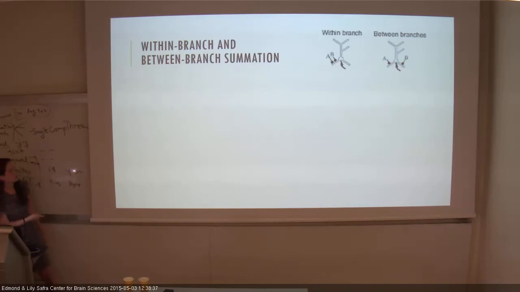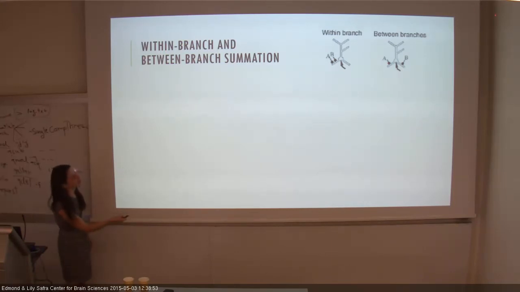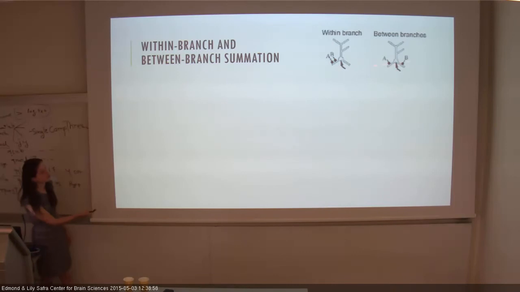What you can see here is the basic conditions they use. The within branch condition consists of two stimulating electrodes placed in close proximity on the same branch, as the name indicates, and the somatic voltage will be measured at the soma. And over here is the between branches condition, where, as you can see, the two stimulating electrodes are placed on two different branches.